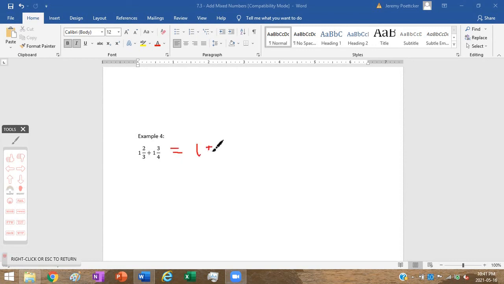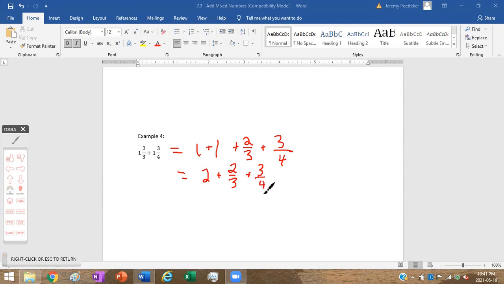We rewrite this as 1 plus 1 plus 2/3 plus 3/4. Okay, so this is going to equal 2 plus, now I've got the fractions to add. Now this is exactly what you've already done, right? 2/3 plus 3/4. Okay, I'm going to have to find a common denominator.